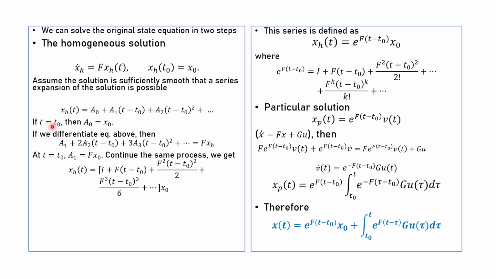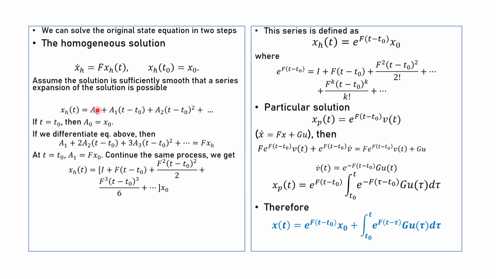Assume that the homogeneous solution is smooth enough that it can be approximately defined in terms of a Taylor series. So here is the Taylor series where A0, A1, A2 are all vectors.